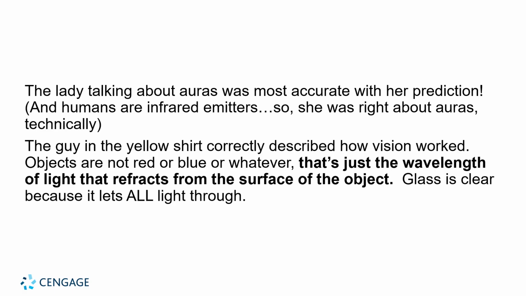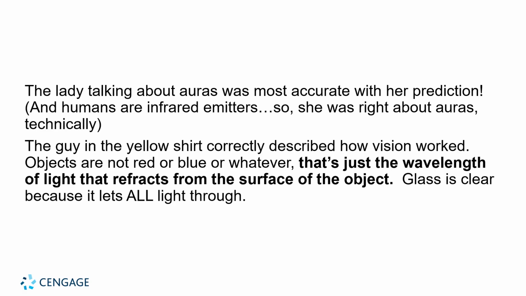But you can't really see auras, not because it's too bright outside, it's because you don't see in the infrared spectrum. Each and every human being emits infrared energy or electromagnetic radiation. If you're alive and you have a body temperature, you're emitting infrared radiation right now. Okay, you might think of it as body heat.